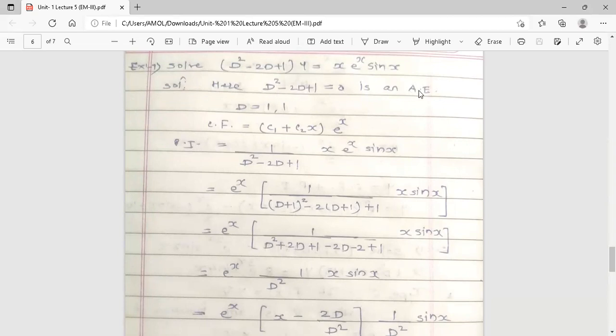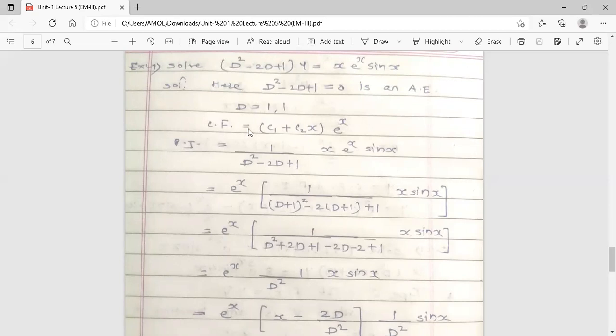Now, what are the factors of D square minus 2D plus 1 equal to 0? It is a perfect square, D minus 1 whole square is equal to 0. So the roots are D is equal to 1, 1, meaning there is a single factor 1 and it is repeating 2 times.